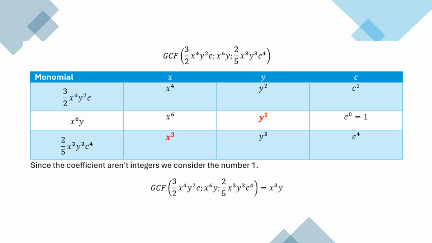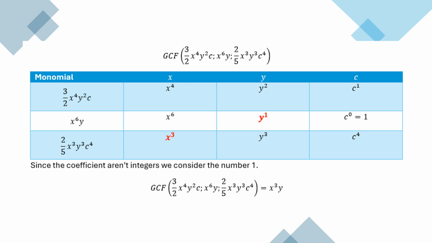Not all monomials have c, okay? So we shouldn't consider this, but actually with monomials we saw in the last video in an exercise that if the power is 0, then we can kind of consider that. So in this case I didn't take it, but you can also see it that way. So c to the 0th power is equal to 1, so that would be the smallest one present between our monomials.